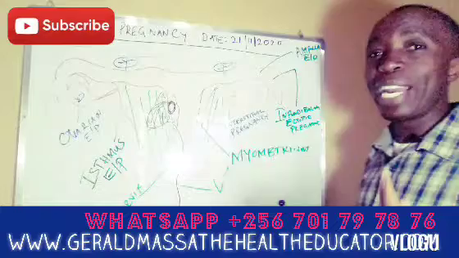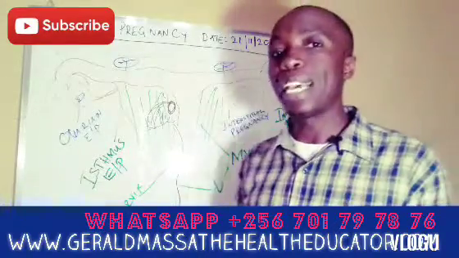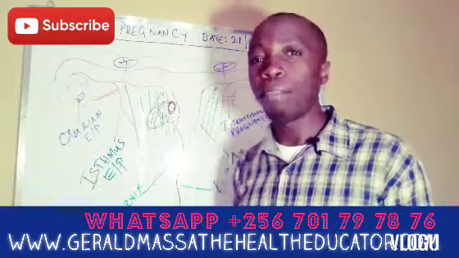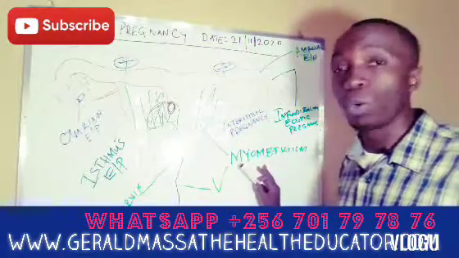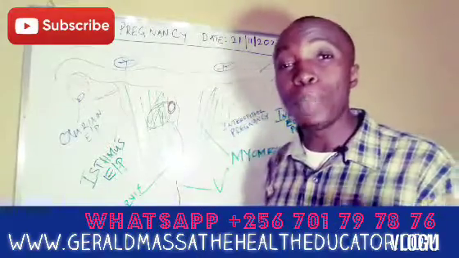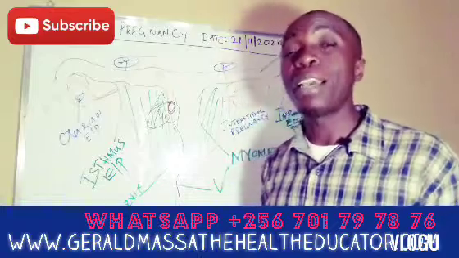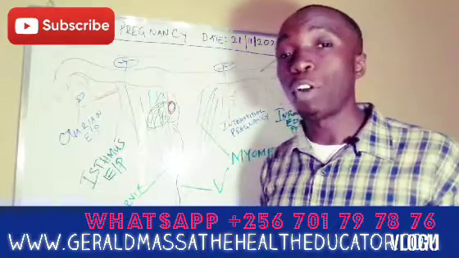So when an ectopic pregnancy forms, there are going to be signs. How will you tell that you have an ectopic pregnancy? There's going to be pain. First of all, you'll begin getting signs of pregnancy, but you are going to have lots of pain.